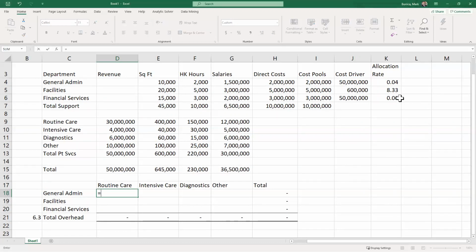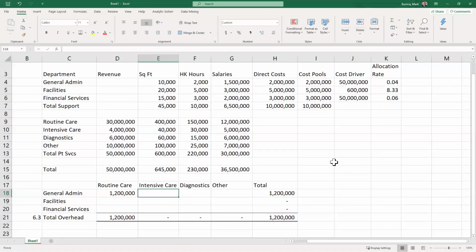Well, it's going to be 4 cents for every dollar of revenue that routine care generates. So I'm taking the 4 cents, K4, times the 30 million, which is in cell D9, and 1.2 million of the general administration cost is going to go to routine care.